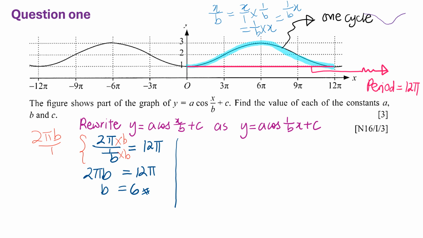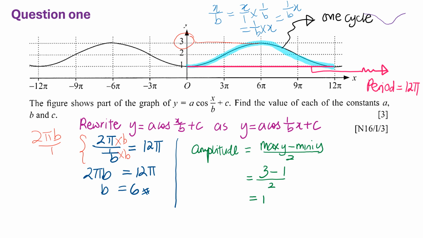Then how do you go on to find the other variables? Let's take a look. The amplitude is the maximum y minus the minimum y, divided by 2. Looking at the curve, the maximum y value is 3 and the minimum is 1. So 3 minus 1 divided by 2 gives you 1. So the amplitude is equal to 1.